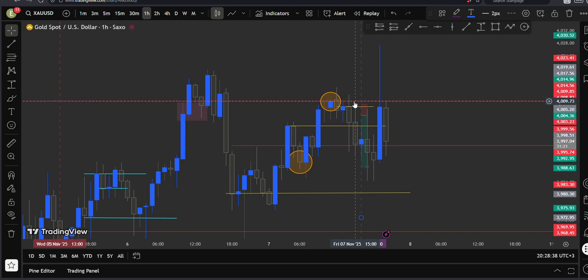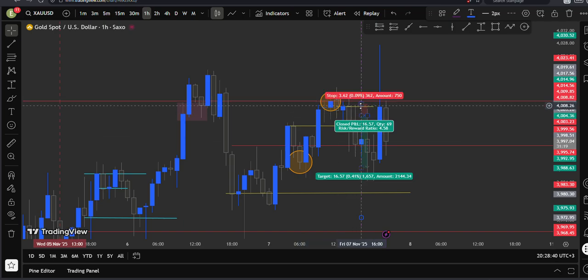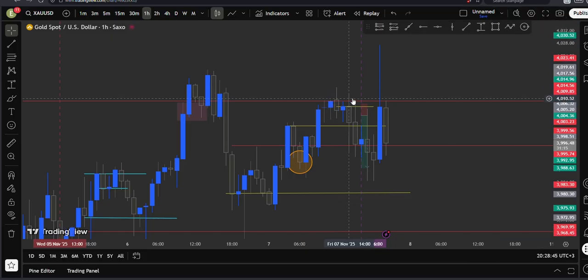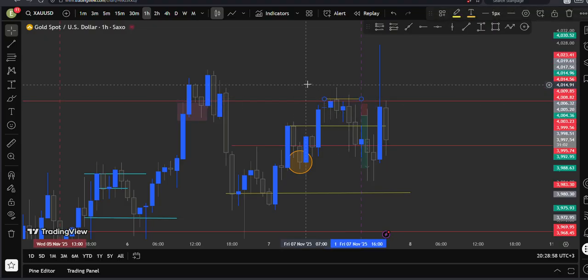But I was late for an entry, so I had to wait, because this candle had already left me for a sale. It was a very nice selling opportunity from here, because this candle had rejected.